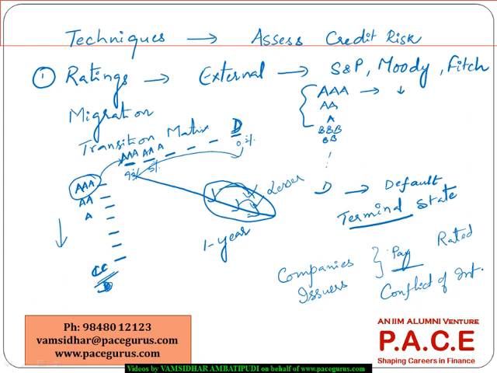So that is where many companies, apart from relying on these external credit rating agencies, have their own internal models. They build their own internal models and try to communicate the same to their investors.